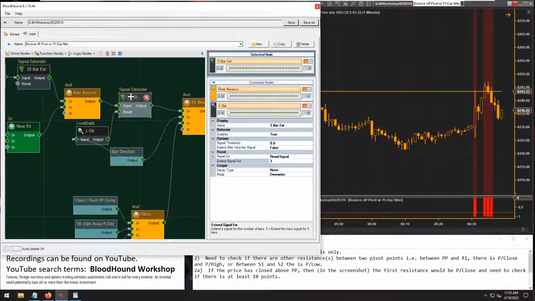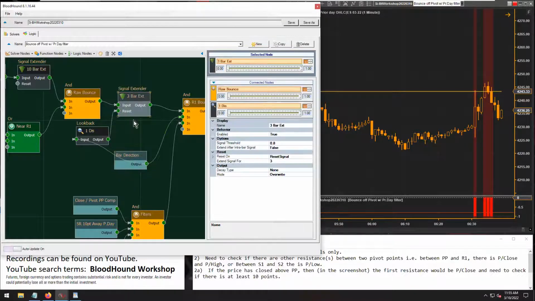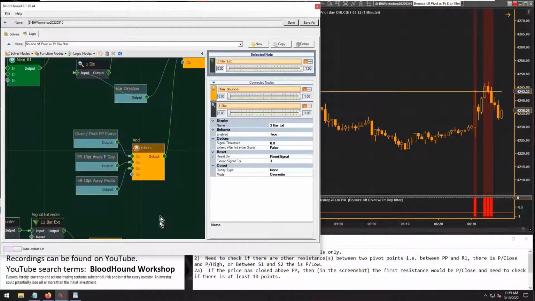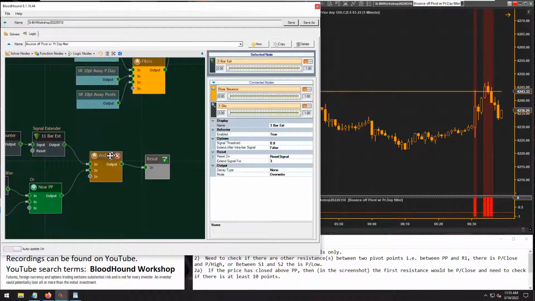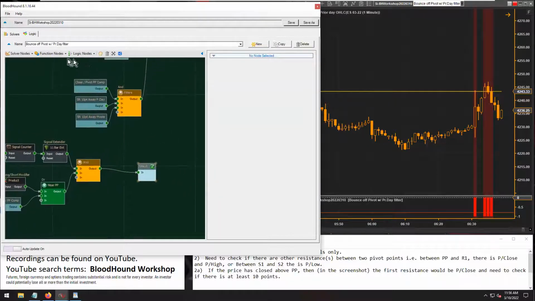And then that goes into a signal extender, so we can extend the signal and then wait for the bar direction to be in the right direction. So our signal extender was a 3-bar extension. So let's go down here. Grab another signal extender there.